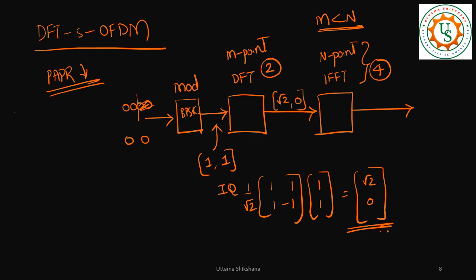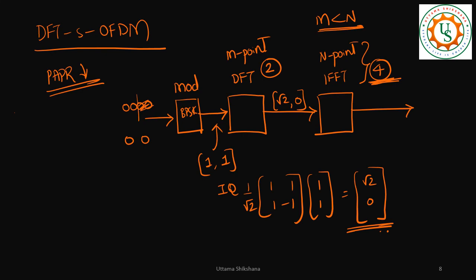Now this is the input, and we need to perform the 4-point IFFT. Of course we need 4 points, but what we have is square root of 2 and 0.